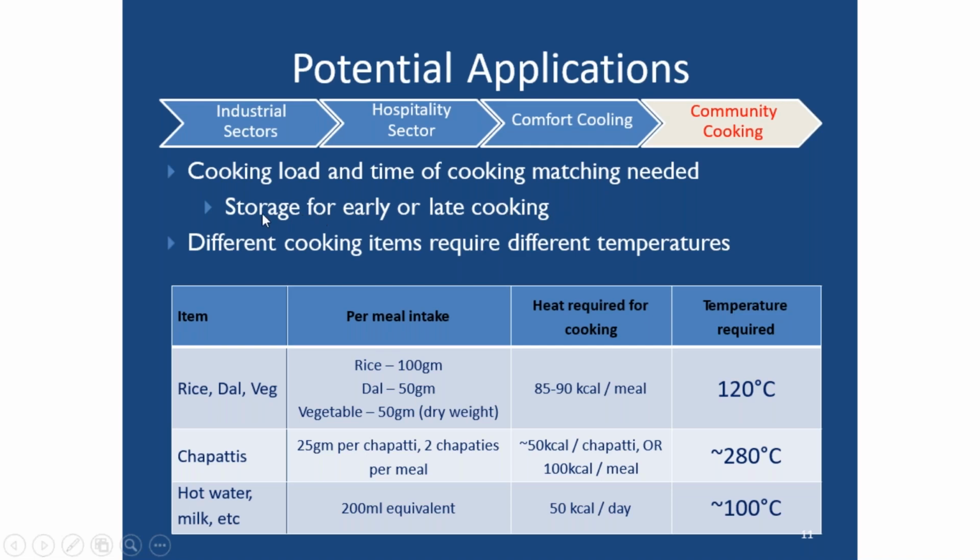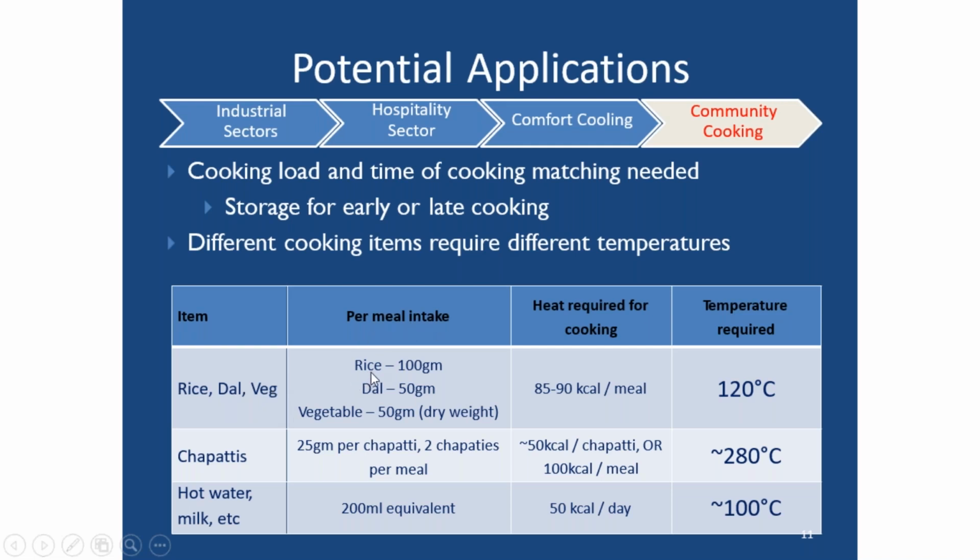Now again, storage: for early or late cooking, we need to put in a storage system. Different cooking items require different temperatures. Here I have listed the items, that is rice or dal and vegetable. The amount is per meal intake.